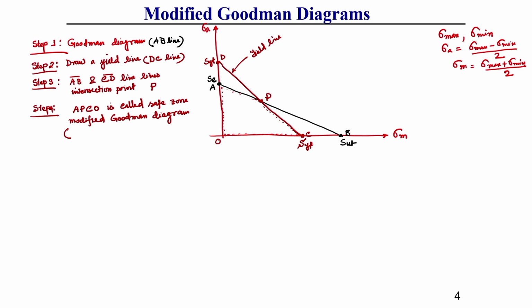That is why it is neither yielding nor fatigue failure in this zone. So, what we observe, this APCO is called the safe zone, which is also called the modified Goodman diagram. So, all the points inside this APCO zone, neither fatigue failure nor yielding takes place.